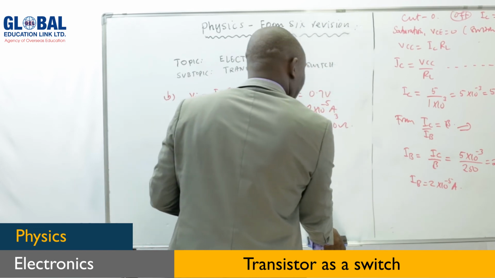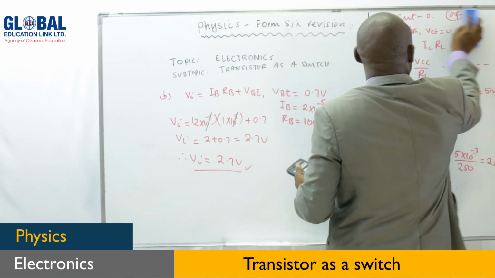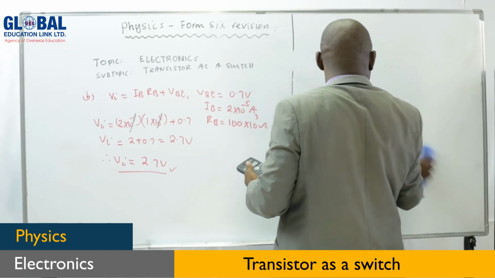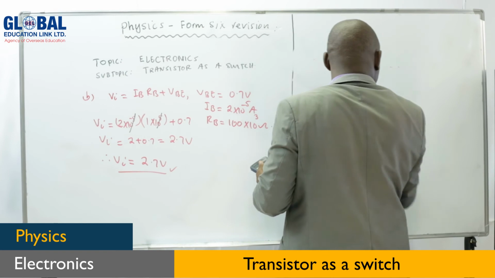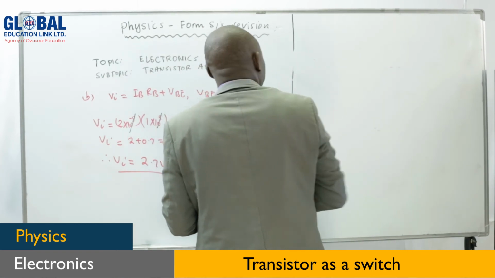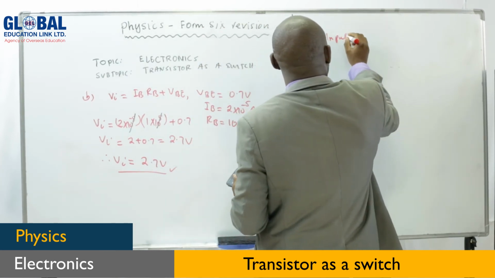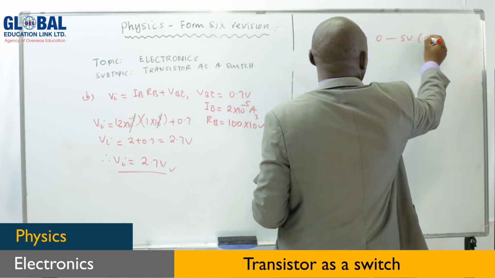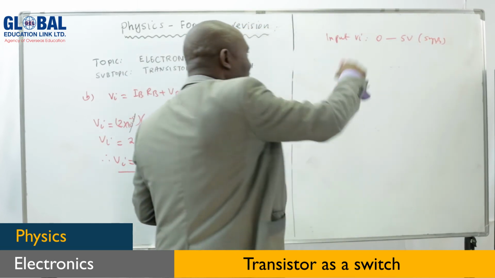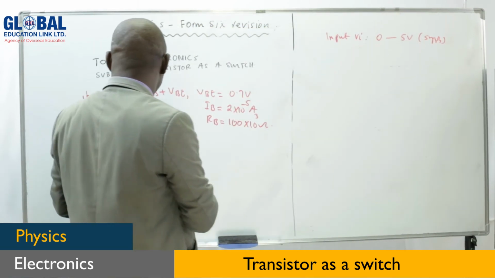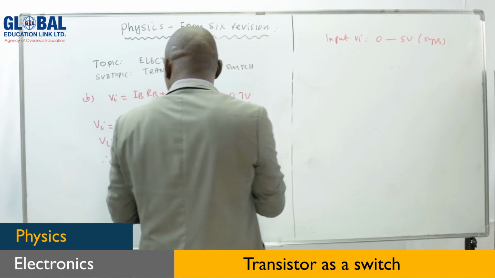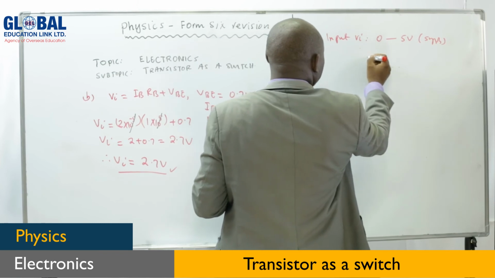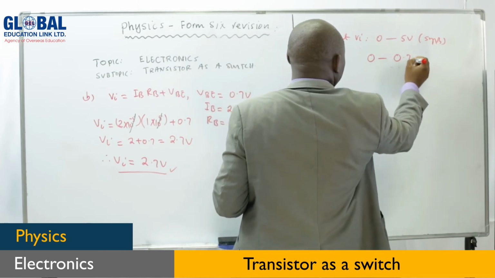So from here, you can see the values we got. The input voltage varies from 0 to 5 volts. This is where the maximum supply voltage is. We never go beyond that. And we have seen that the VBE was 0.7, so from 0 to 0.7 volts.